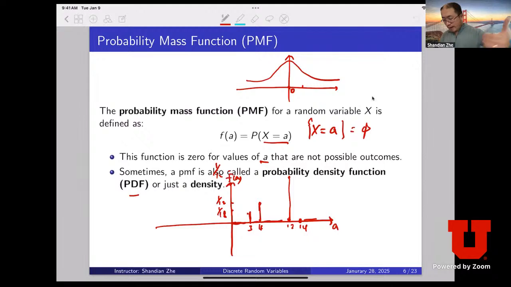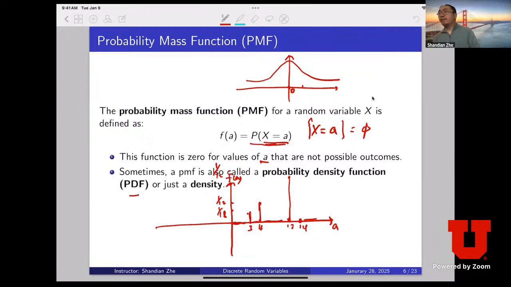In a continuous context, we'll call it a probability density function. So what is probability mass function? It is just a probability of a particular type of event in the form x equals to A.